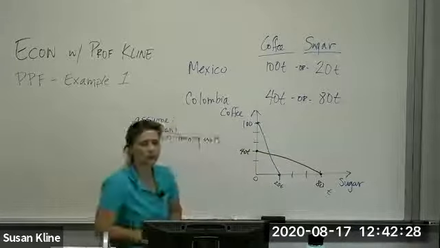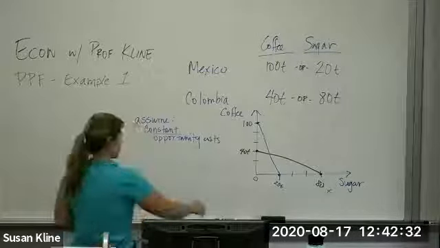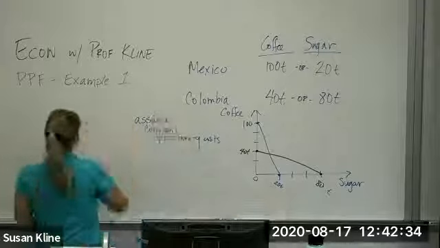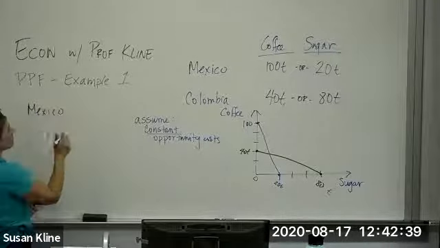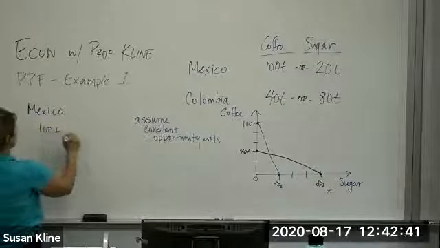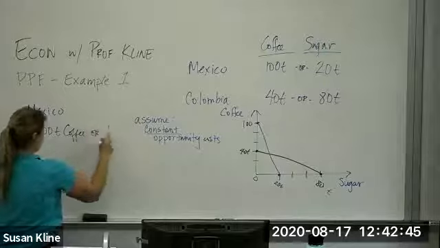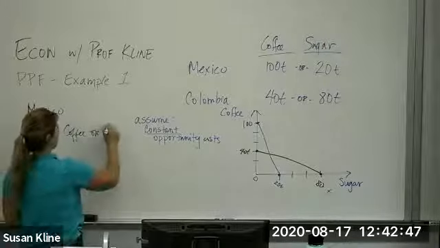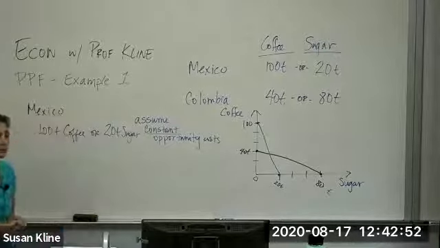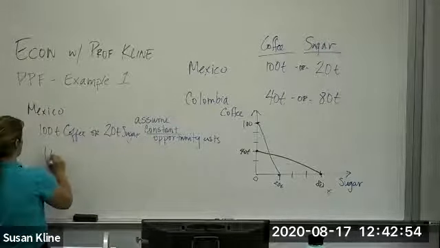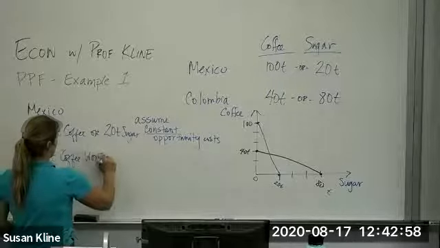All right, so let's do now who has comparative advantage. Well, let's first look at Mexico. All right, and so Mexico can produce either 100 tons of coffee or 20 tons of sugar. And when I say the opportunity cost, we just want to think about what is 1 ton of coffee worth, right?